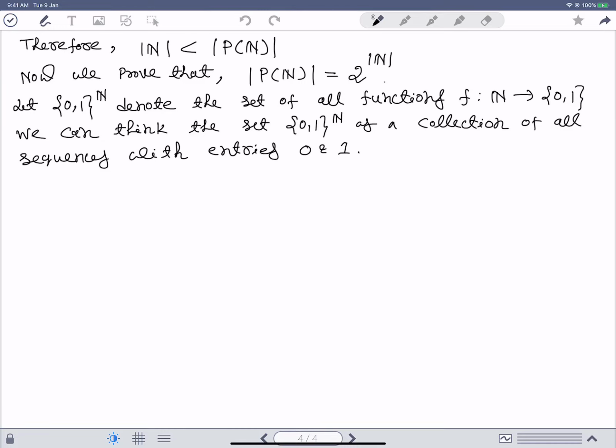And we have already seen that the collection of all the sequences with the entry 0, 1 is uncountable, right? So in that case we can easily prove that this set, that is the set of all functions from n to the 2 element set, is also uncountable, right? Anyway, so now we have this lemma.